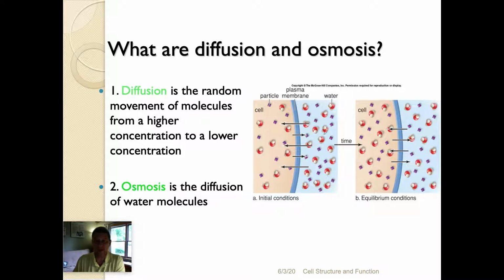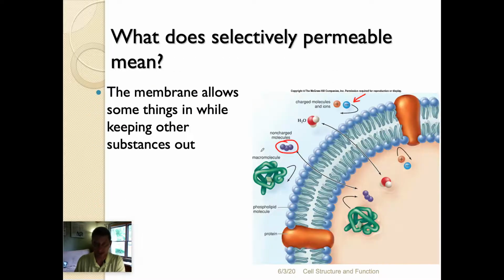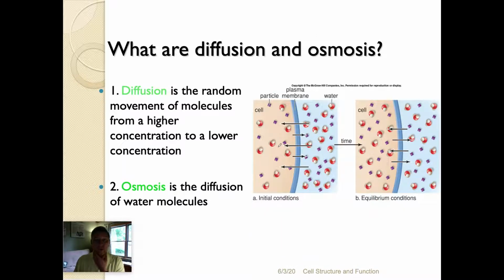And you can see that on the outside here, you've got lots of water molecules, and on the inside there are fewer water molecules here and here. Okay, there are also some particles. This could be a salt. It could be some ion of some sort.